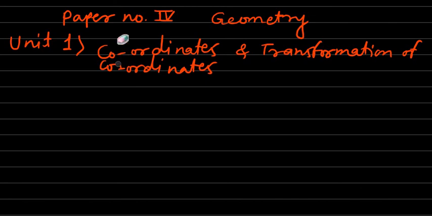And what actually is there in this first unit? Here I will mention only some of the important articles, as I will send the detailed syllabus on the WhatsApp group.